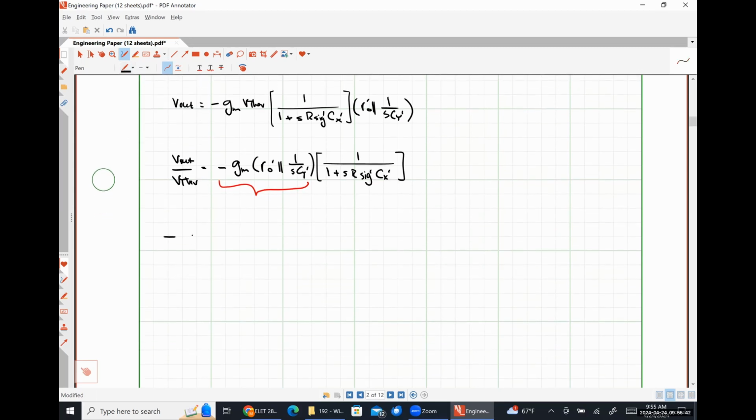So we've got negative GM R naught prime in parallel with 1 over SCY prime.